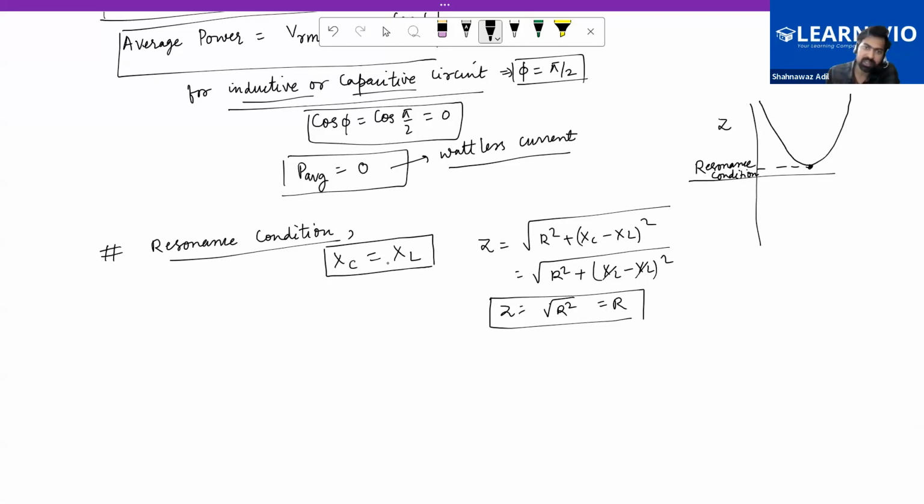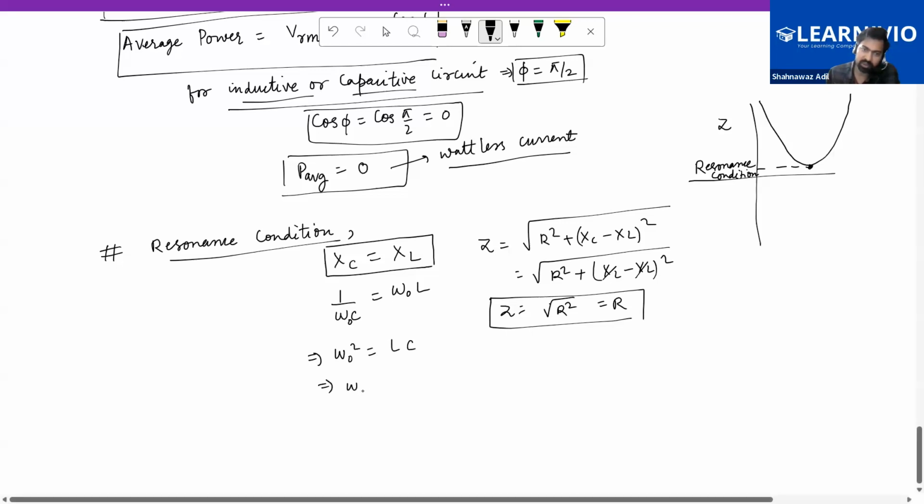And what is this frequency? So at resonance condition, this is 1 over omega C. This is omega naught L. So omega naught square becomes 1 over LC, because omega naught goes here, L goes here.